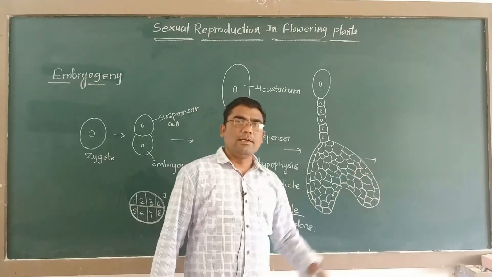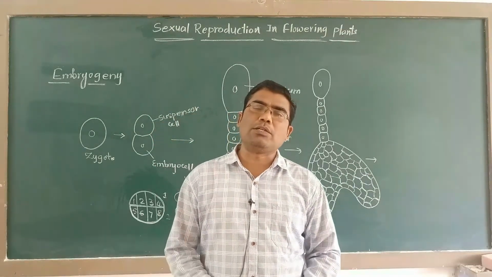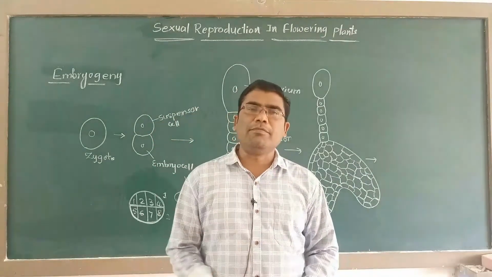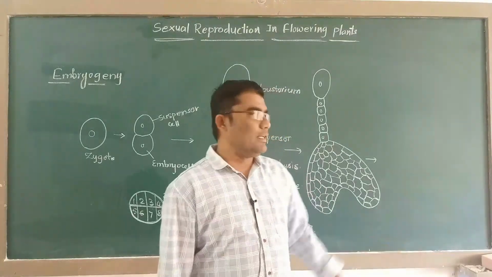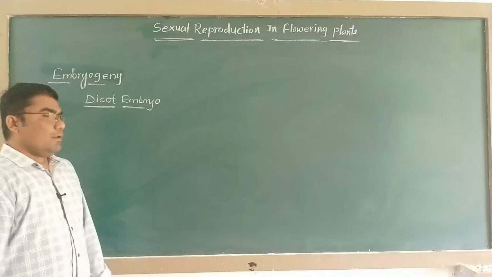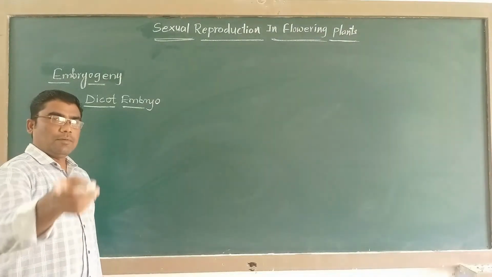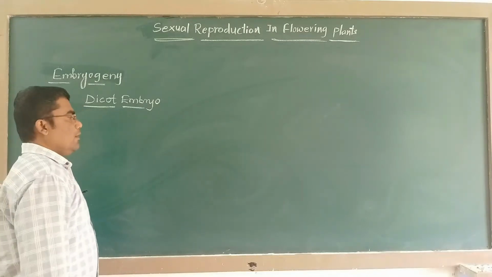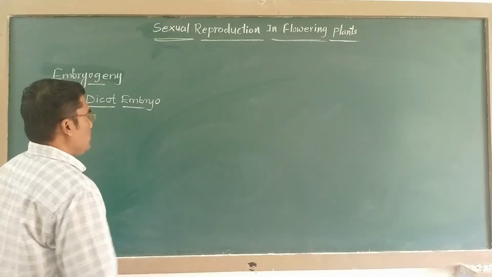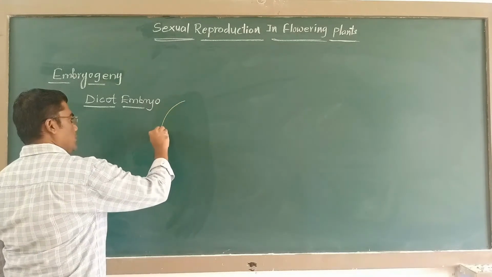But after this, the shape, size and structure of the dicot and monocot embryo become totally different from each other. Now first we discuss the dicot embryo. So here we are going to discuss the dicot embryo. When we observe the structure of a completely developed dicot embryo, it appears like this. This diagram is very important.